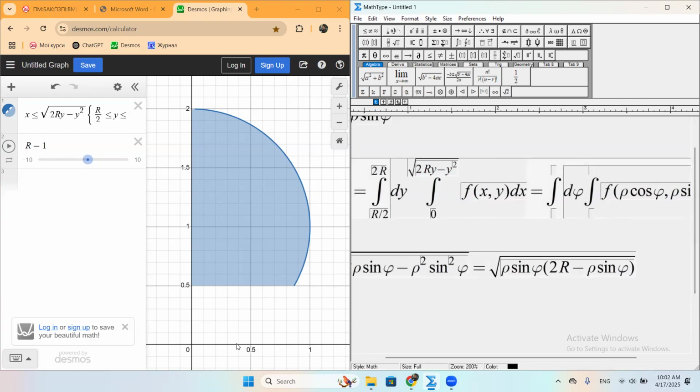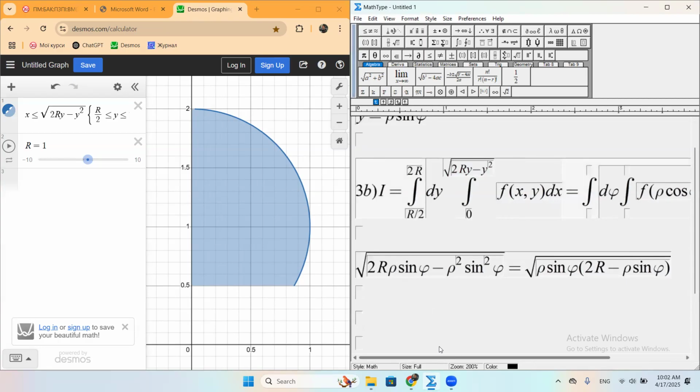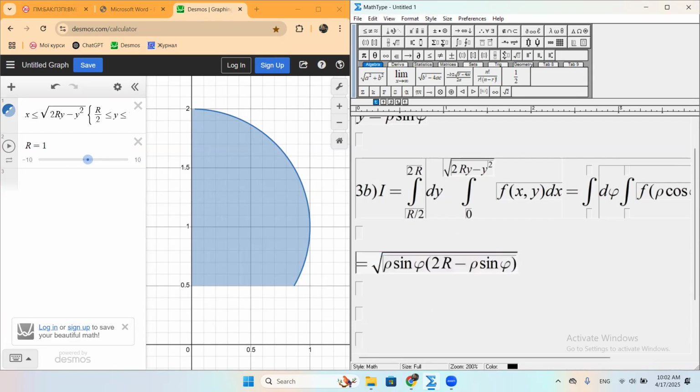We just substitute the limits of integration. It is a double inequality.